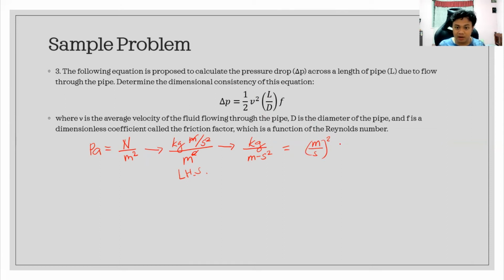For example, if your length has the unit of meter, and the unit of your diameter is also meter, they will cancel out. And you can see, they are not equal, right? They really are not equal. So how can we solve that?